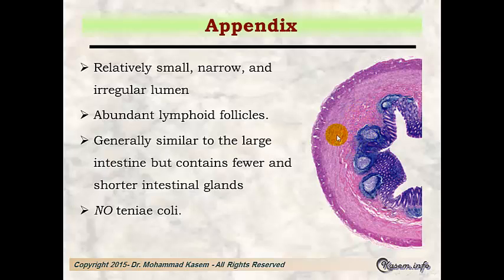Every now and then we see many follicles here, and diffuse lymphoid tissue. It is generally similar in structure to the large intestine, but contains fewer and shorter intestinal glands. It is also characterized by the absence of taeniae coli.